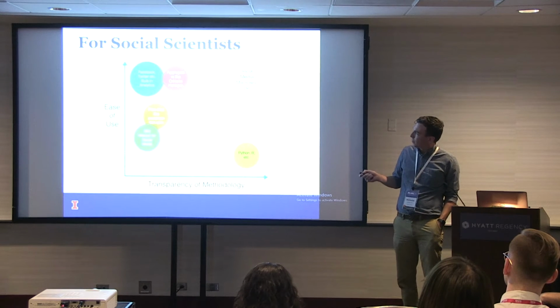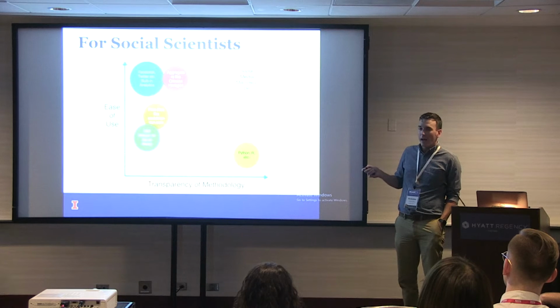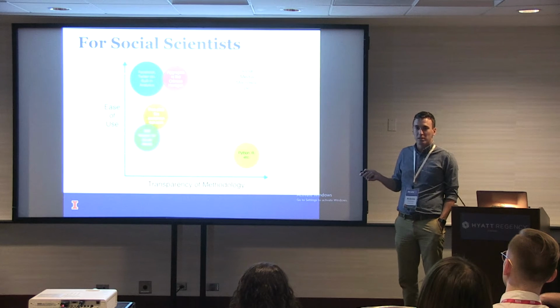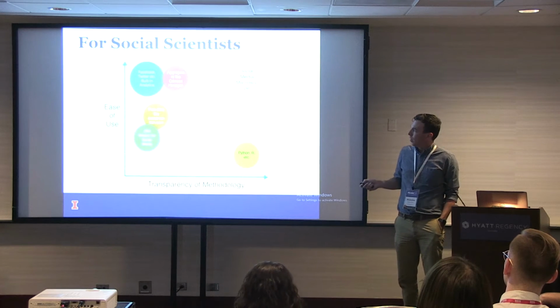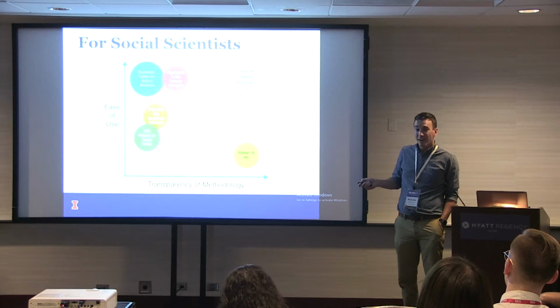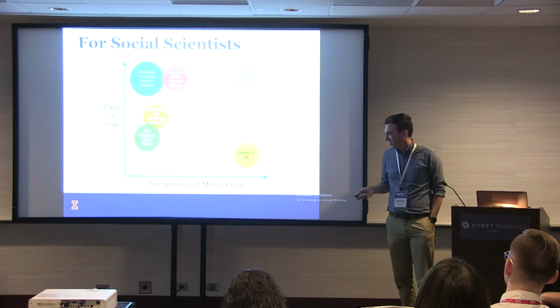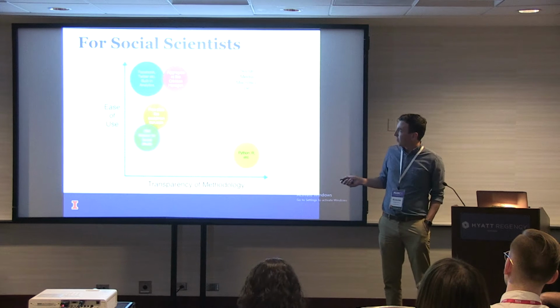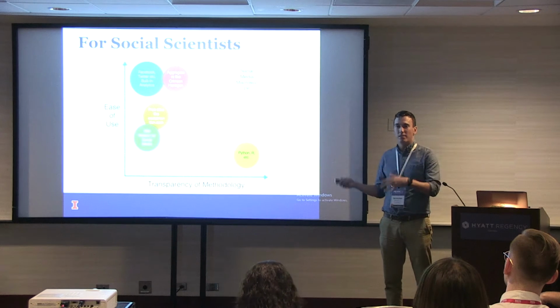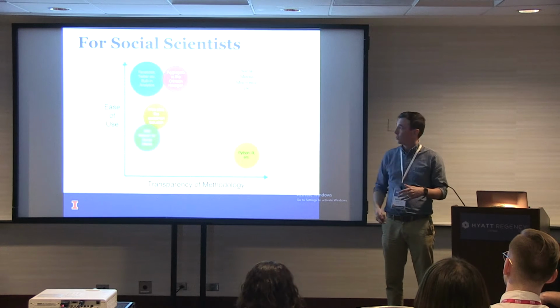Things like Facebook and Twitter and aggregators and companies like Crimson Hexagon, which is one that we use, are easy to use but have untransparent methodology, where things like R and Python are very hard to use. We are trying to take those algorithms and put them in an easy to use interface.